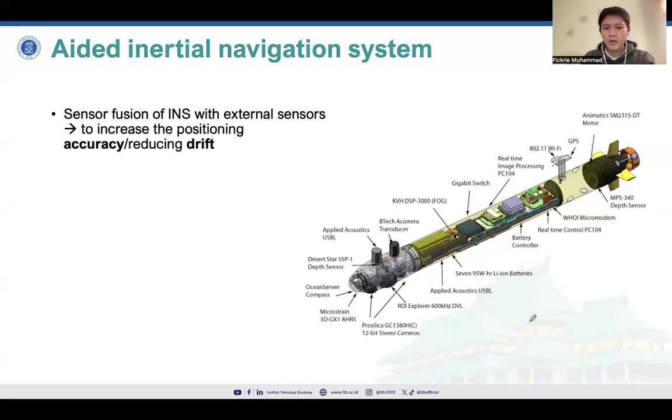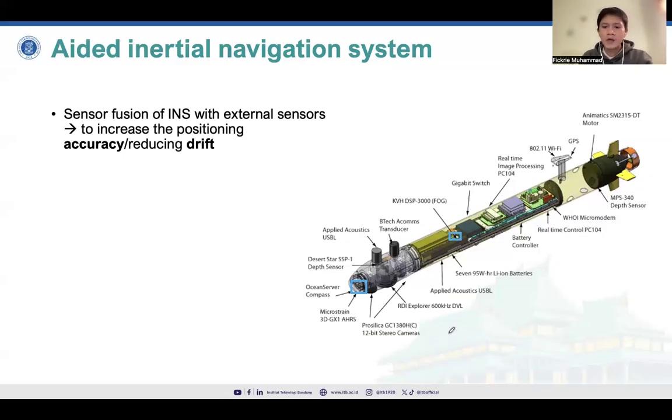So for an AUV, where is our INS system? Our INS system is here: the AHRS, the MEMS sensor. It's not that common, but it's also integrated with the FOG, the fiber optic gyro, but because it's separated, we have to calculate the relationship between them, and also the offsets and the translation between frames.